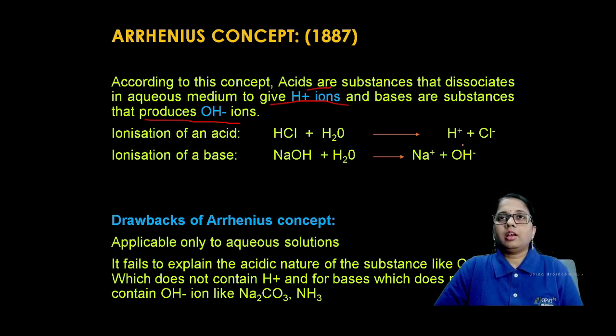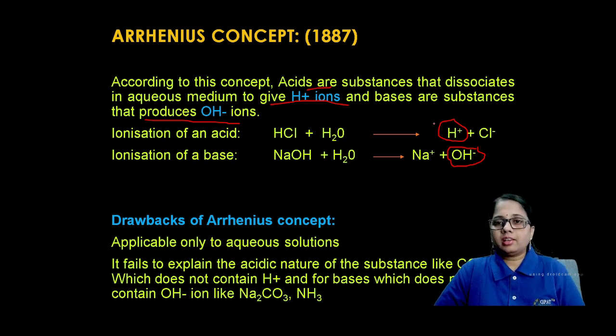That means it is going to generate H plus ions and chloride ions. Whereas the ionization of the base NaOH in water is going to give Na plus and OH minus ions. So these OH minus ions give you the basic range, and H plus ions give you the acidic range.